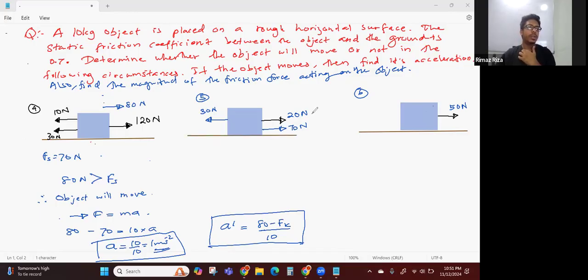Here you have 20 newtons, 70 newton, 30 newton. So in question number 5 and 6, state only whether the object will move or not. Okay.